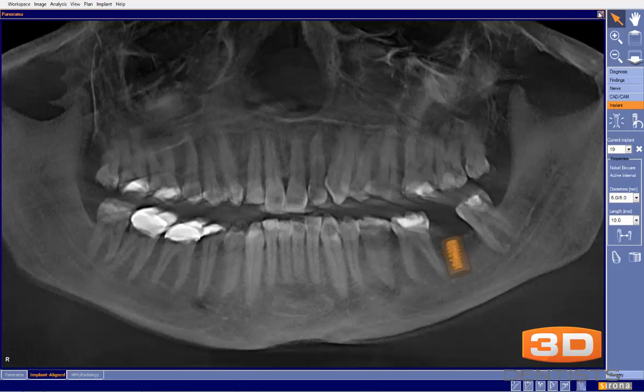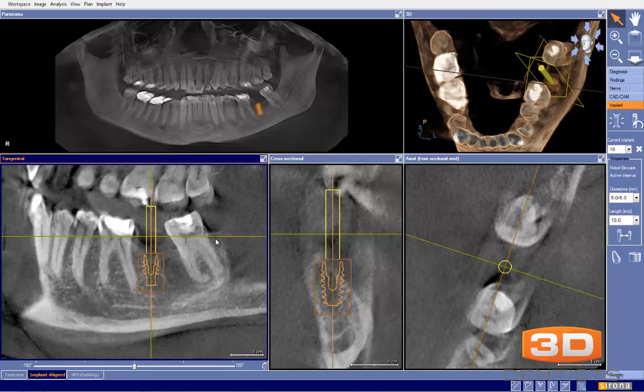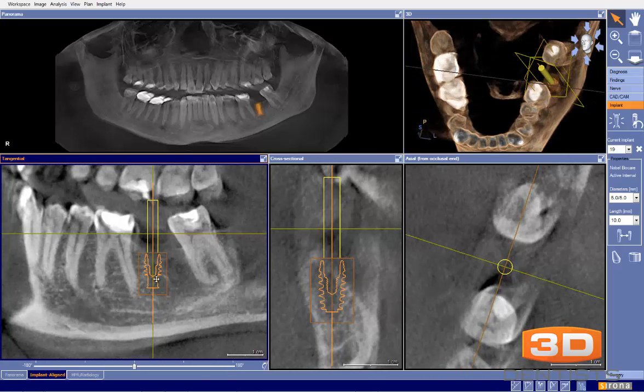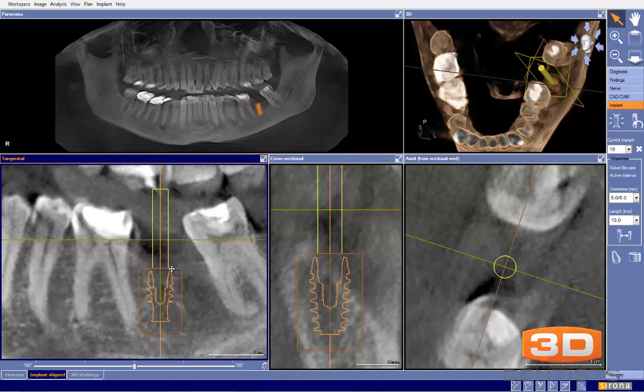So we planned an implant, and just to briefly go over our implant planning, you can see here mesiodistally we're a little bit close to this root, but that's done to allow us to get the implant pretty well centered at the head of the implant between the edentulous base so that we don't have a cantilevering effect.